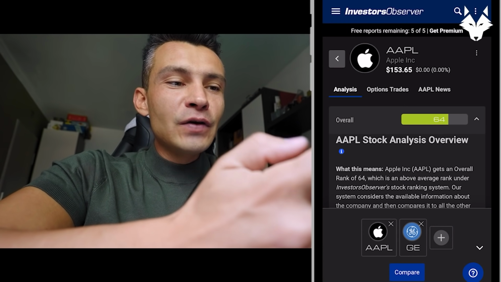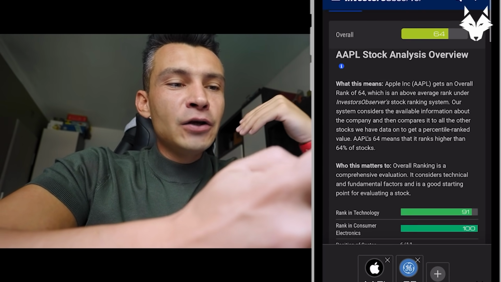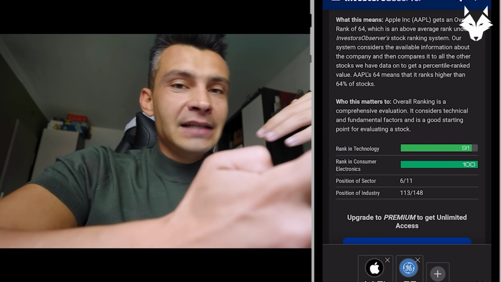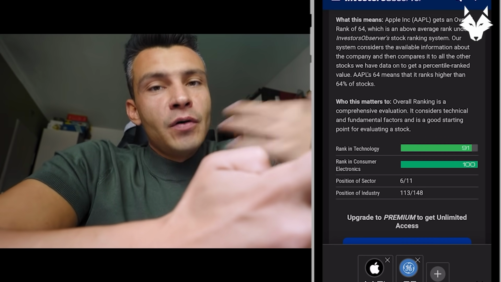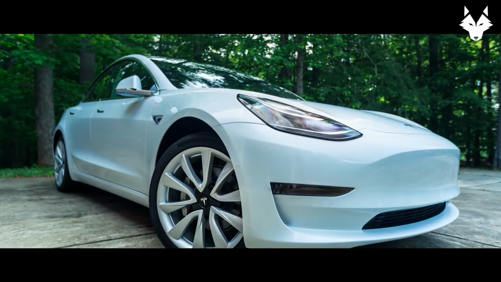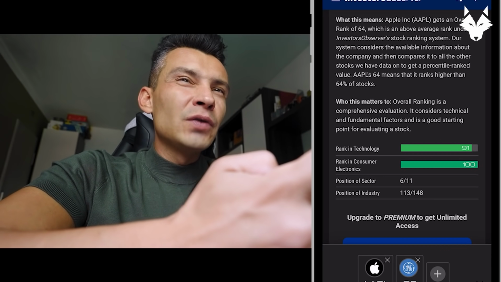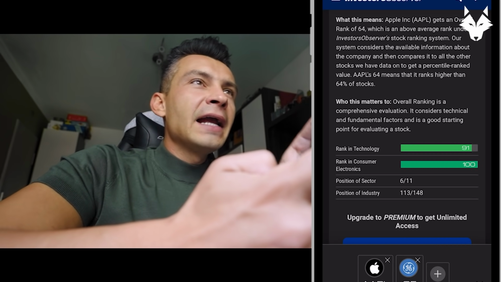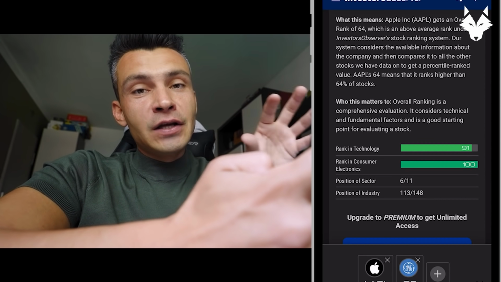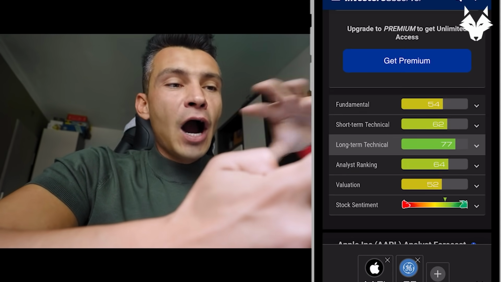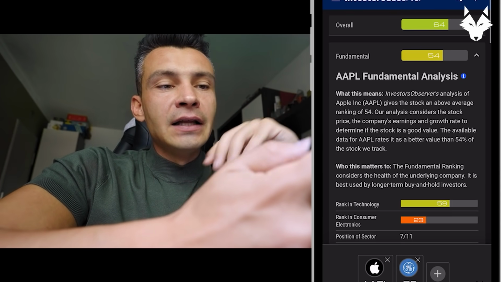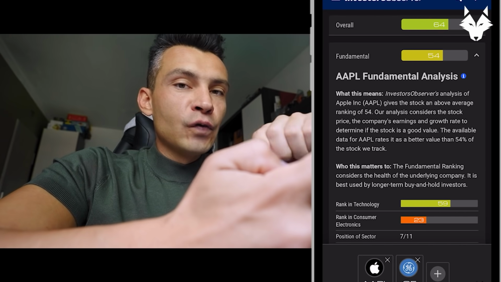So let's have a look. Here you can see a huge amount of data giving you, for example, ranks in consumer electronics. As you know, I love consumer companies like Netflix, Apple, Tesla, and so on. So this is very helpful for me to understand how they rank in the mind of the target group of the company. I really like how nicely this infographic shows you the single important parts you should look for in stocks.